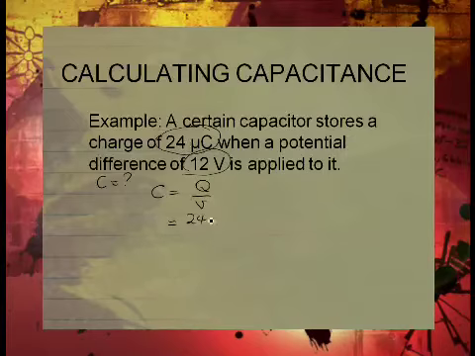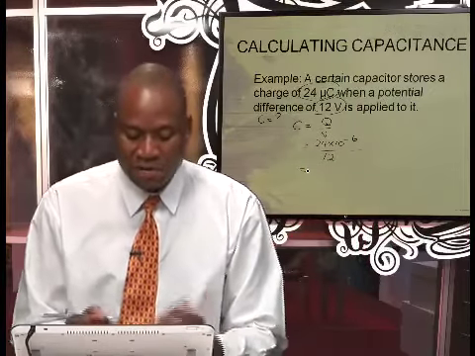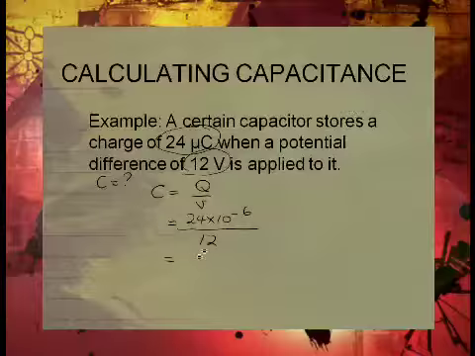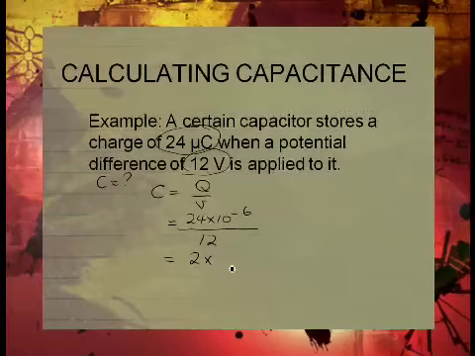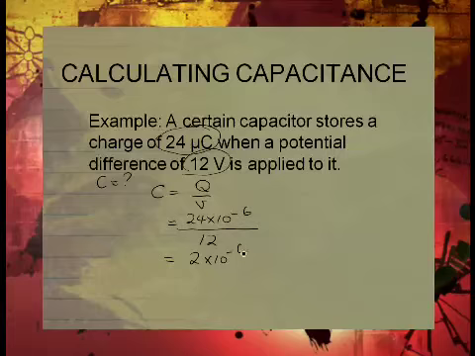We have to convert it into coulombs. It's in microcoulombs, so we'll multiply by 10 to the minus 6. You divide that by the potential difference across it, and then you find the capacitance. 24 divided by 12 is 2. So the capacitance is 2 times 10 to the power minus 6 farad. Remember the unit of measurement for capacitance, it's farad.